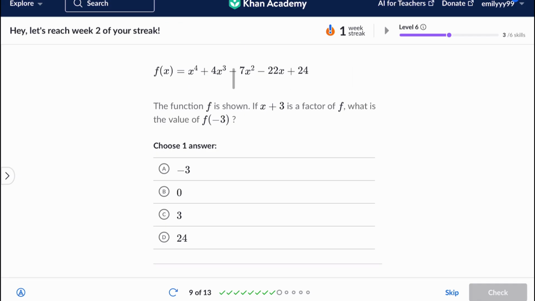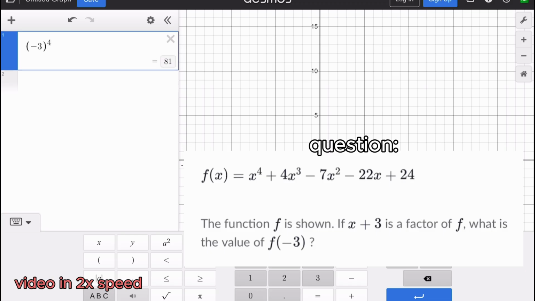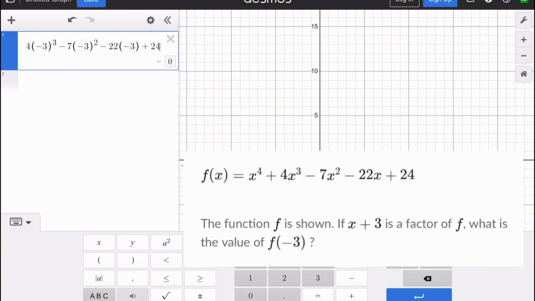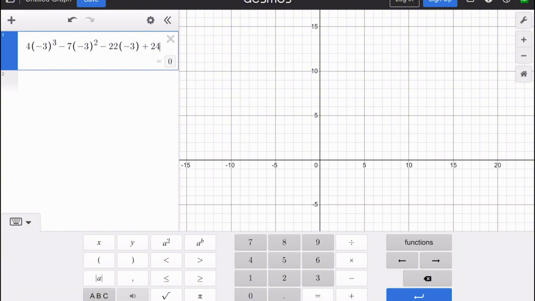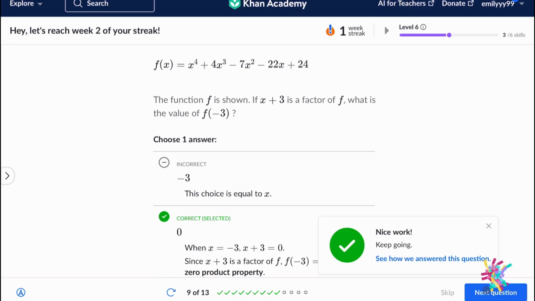So we can use the calculator there because this is quite a lot. -3 to the power of 4 plus 4 times -3 to the power of 3 minus 7 times -3 to the power of 2 minus 22 times -3 plus 24. That should give us 0. Of course, you can double check this equation, see if it's correct. But that's going to be 0.